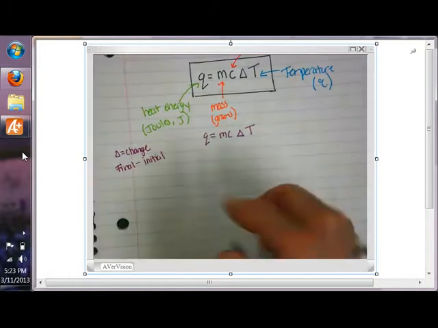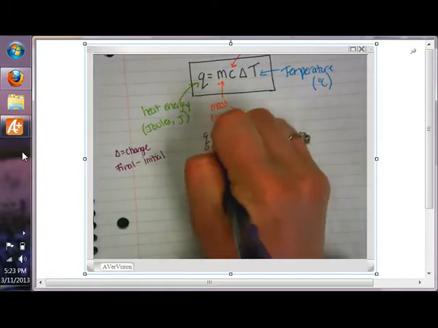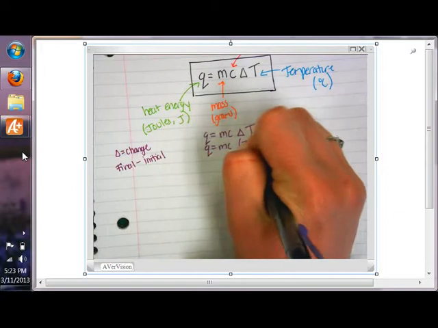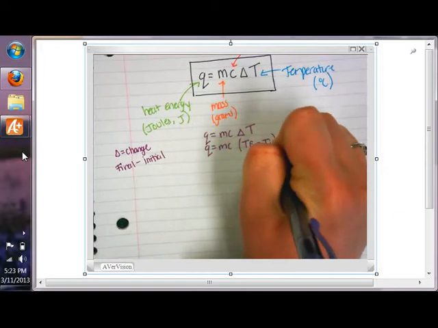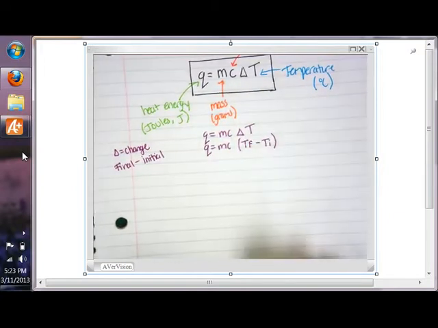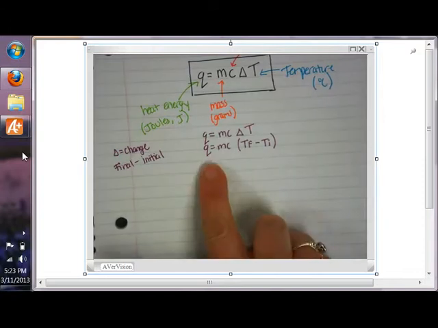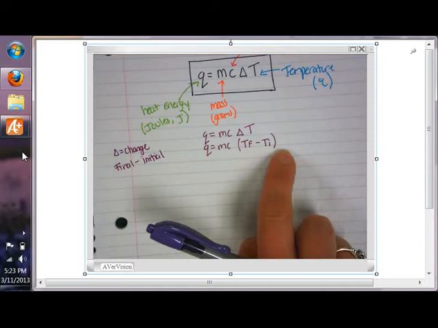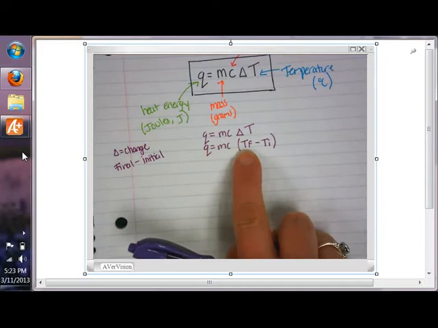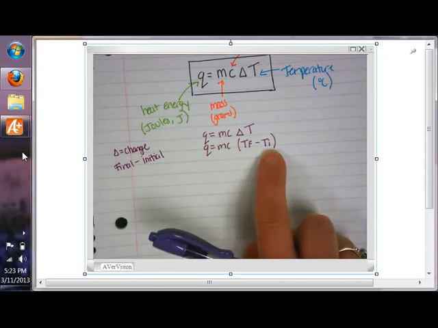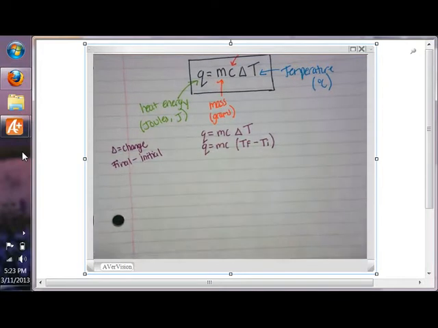So I like to rewrite this equation as Q equals MC (TF minus TI), so that way I can see that it's two separate numbers. There's a final temperature that I need, and there's an initial or a starting temperature that I need. So we're going to do two examples.